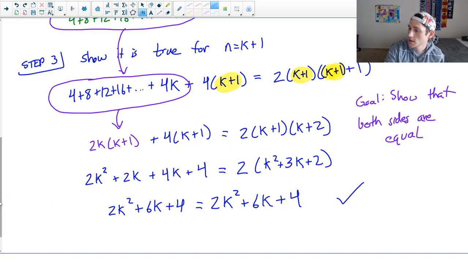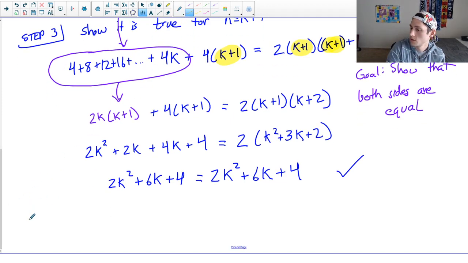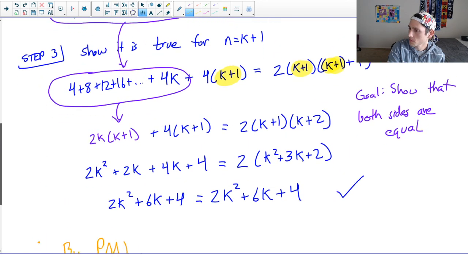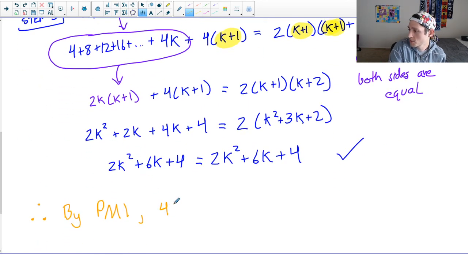So, for us, in our case, what this proves. So let me do all my fancy stuff. So my little triangle, which means therefore. So therefore, by the principle of mathematical induction, our equation that we were trying to prove, 4 plus 8, oops, not 4 plus 12, 4 plus 8, all the way up to 4k, or actually I should use n.